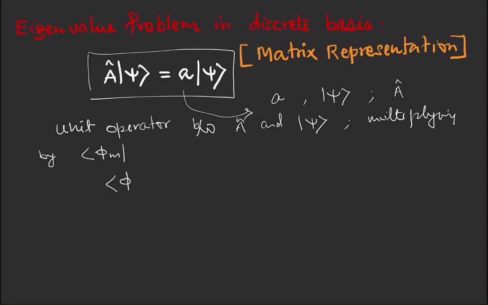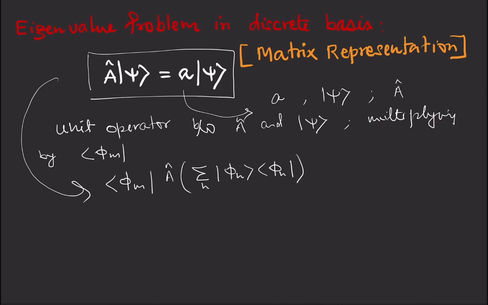Therefore, we will have bra phi m, operator A, unit operator summation n ket phi n bra phi n, ket psi is equal to a bra phi m ket psi.